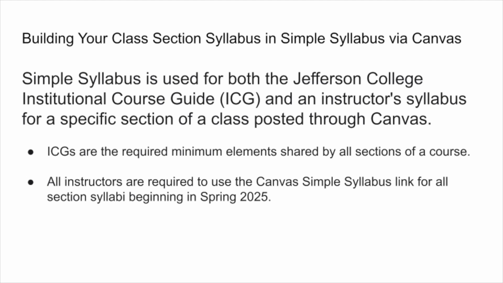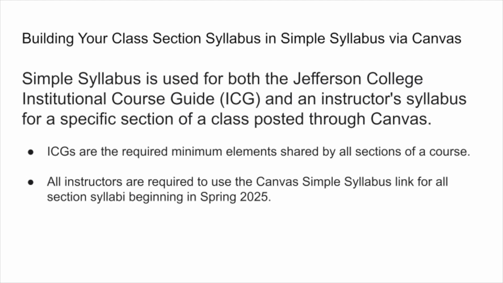Before we get into the agenda for this video, I want to talk just a little bit about what Simple Syllabus, an institutional course guide, and an instructor's syllabus are. So the institutional course guide, or ICG, contains the required minimum elements that are shared by all sections of a course.